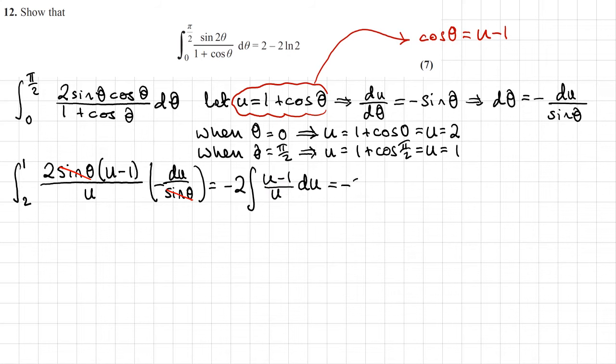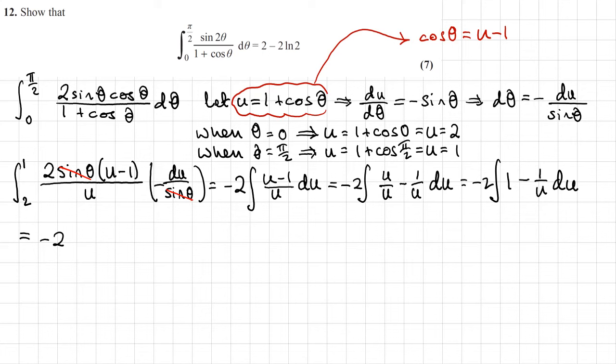So I've got negative 2, and then I can write u over u minus 1 over u du. The u over u just becomes 1, so it's just minus 1 over u du. We're almost there. Now if I integrate 1 with respect to u, that will become u, and the 1 over u will become log u, so minus log u, or natural log u.